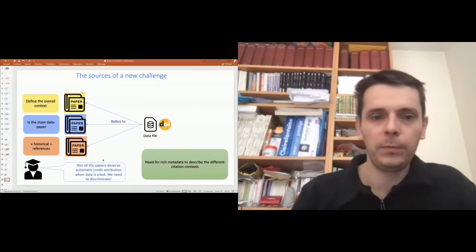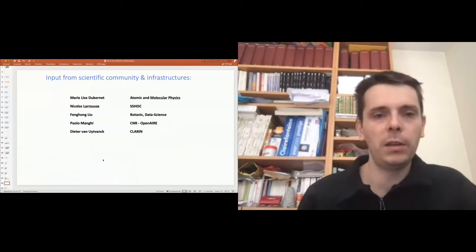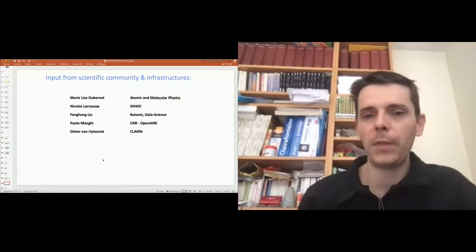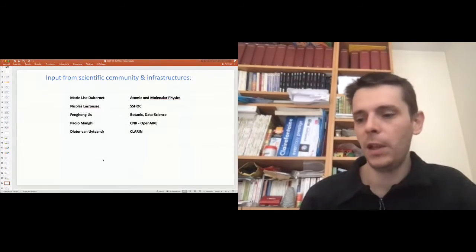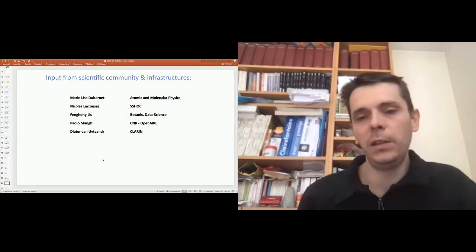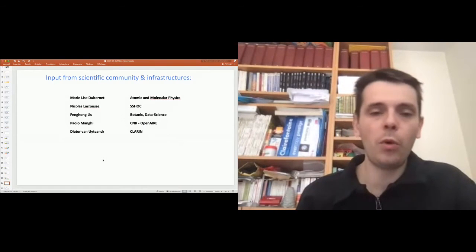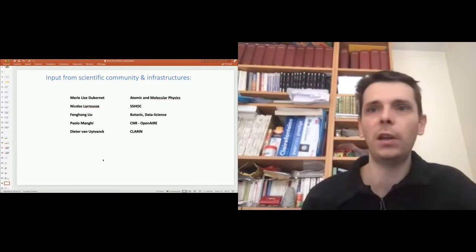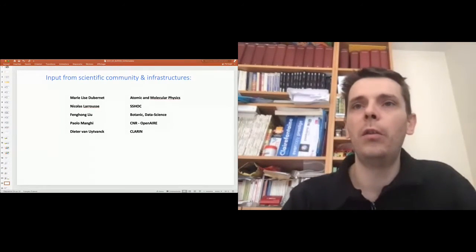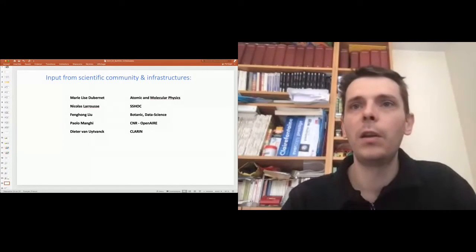So I end this first part of the introduction, and I leave the place to the speakers, who will explain how, in their experience, they may face the need for having this mechanism for rich metadata annotation, or what benefit they may expect from having a system which does this kind of annotation. So we will go through this order.